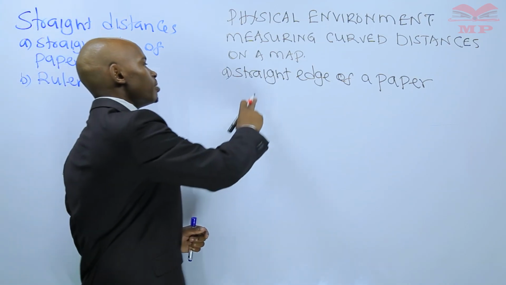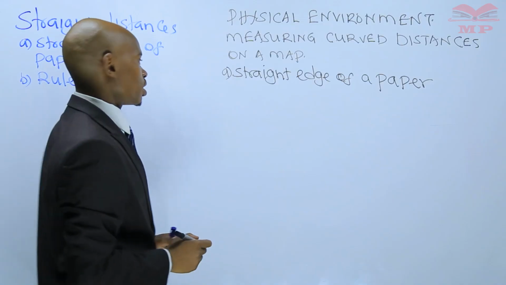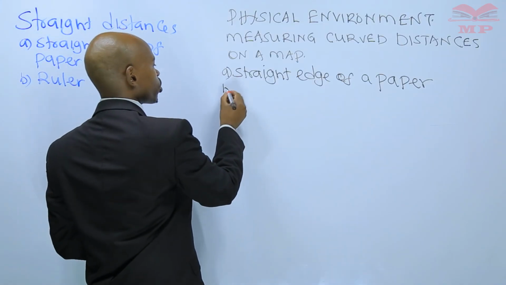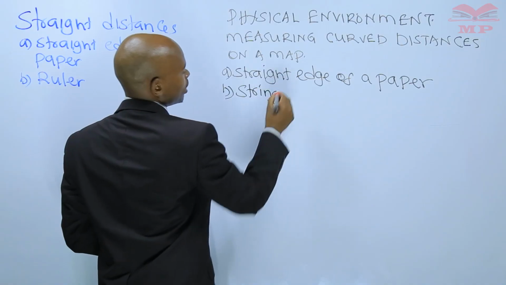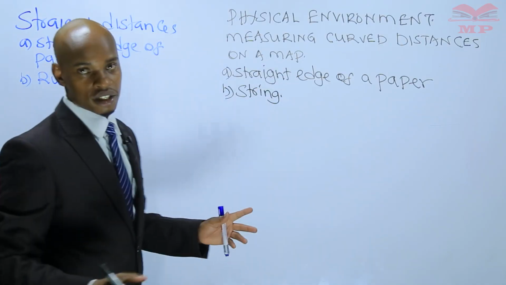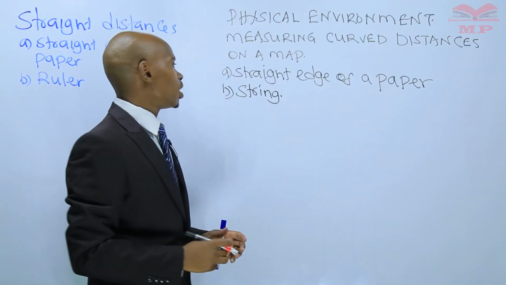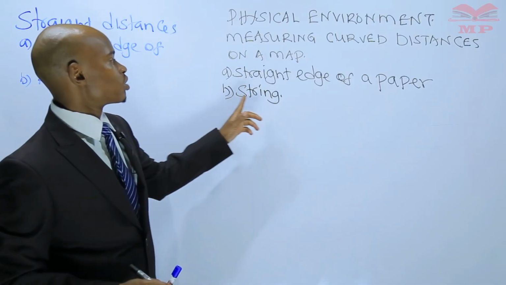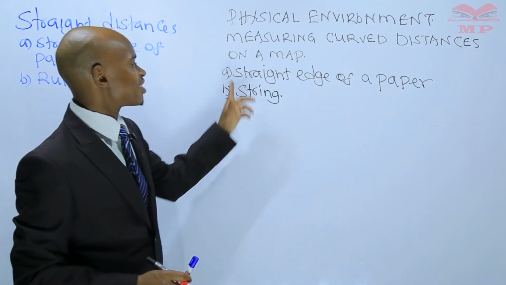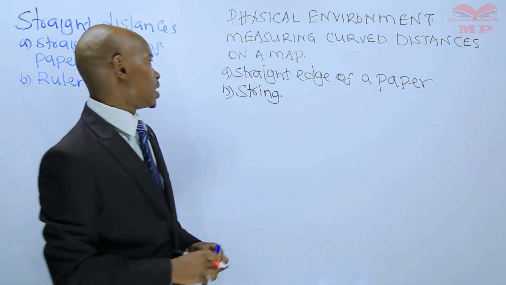And number two, it is also recommended that you can use a string. If you have a string, that is also good, but the syllabus requirement is for learners to know how to use a straight edge of a paper, because it is the one that is recommended.